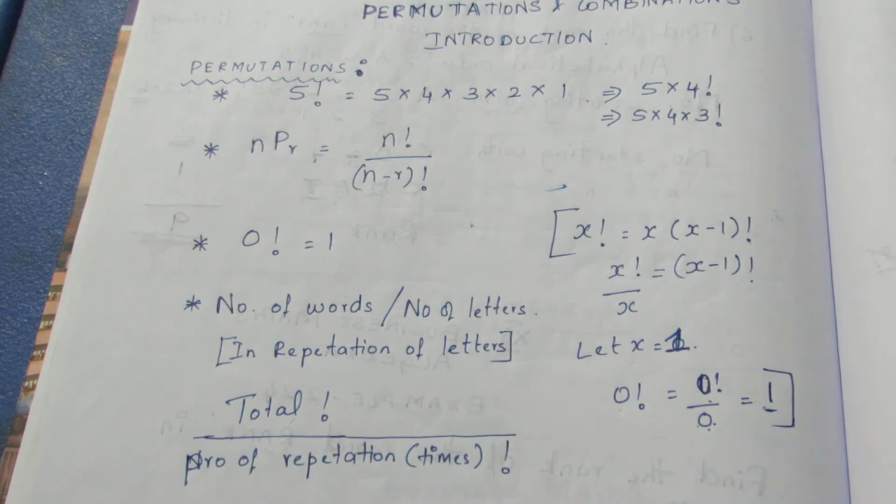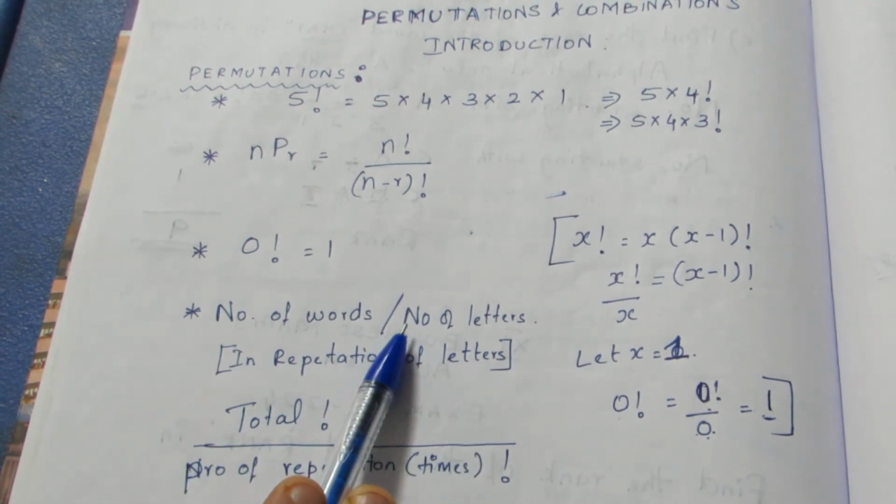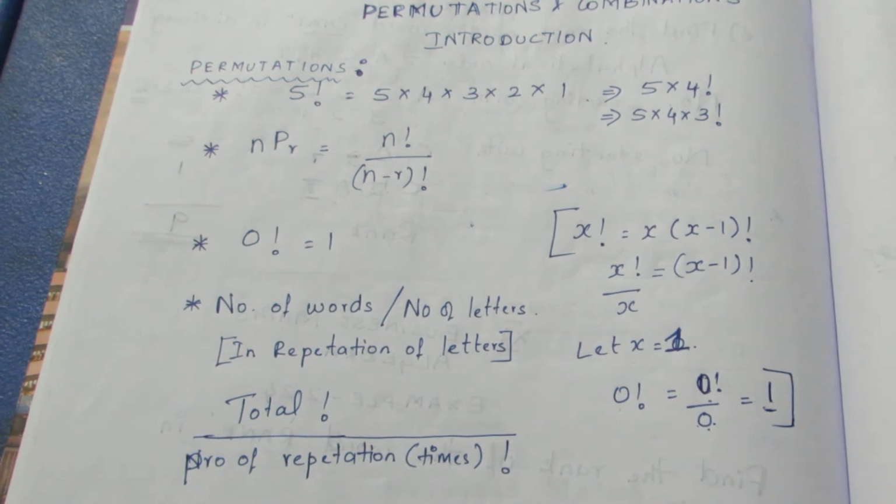Now let's move on to the next one: number of words by number of letters. In case of repetition, if a word like Mississippi or assassination is given, the letters are repeated.